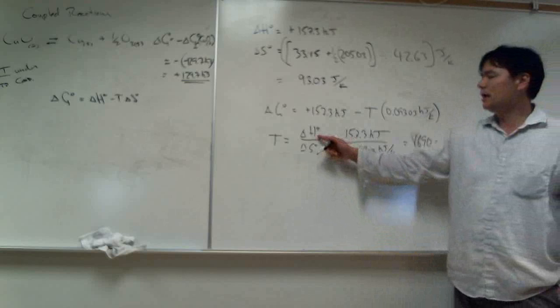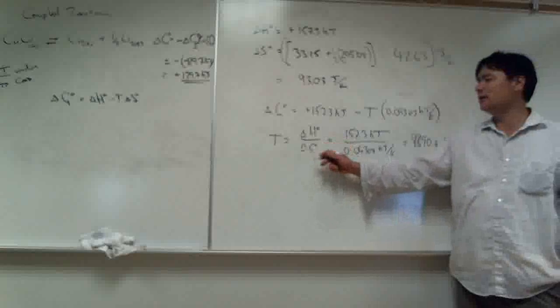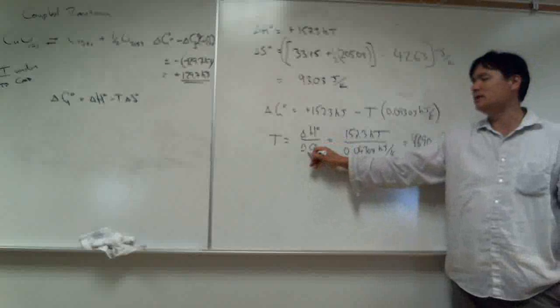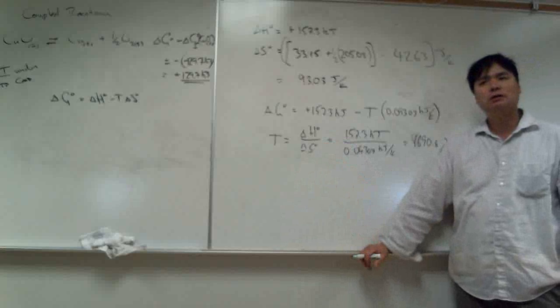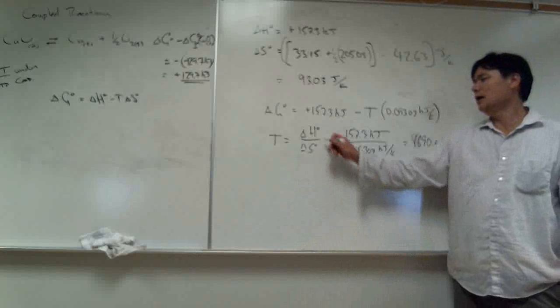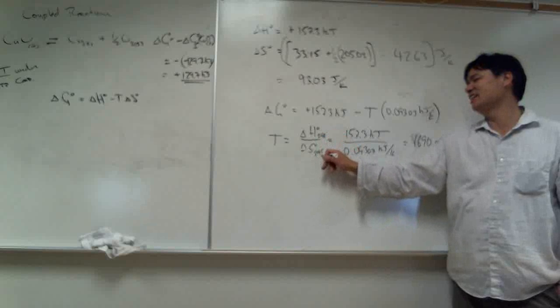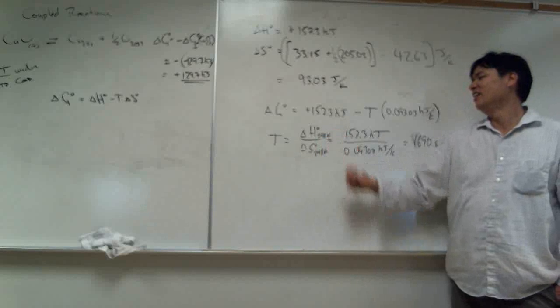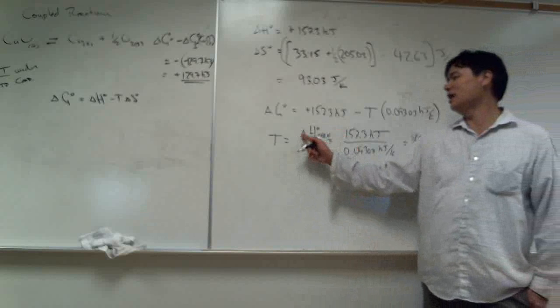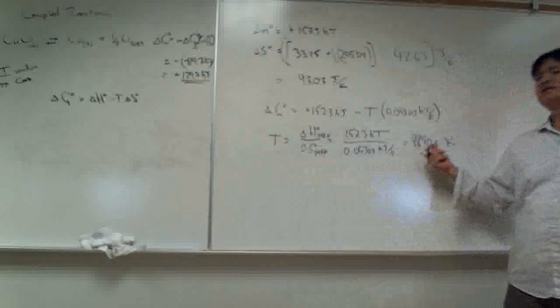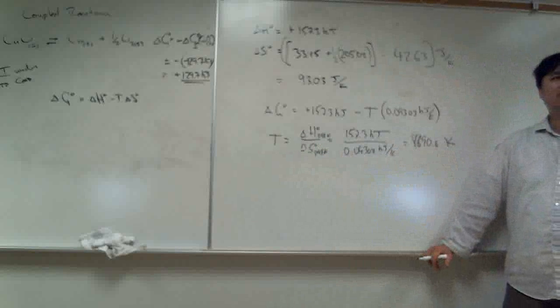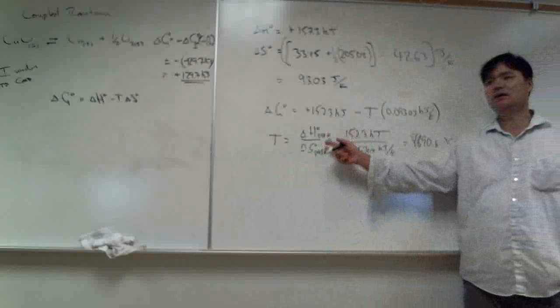Because you know the delta H, we got that from appendix D. The delta S we got from appendix D. But appendix D is good for what temperature? Yeah, in other words, 298. This is at 298. But we should be using the delta H and the delta S more like at 1700 Kelvin. Is this going to be okay?